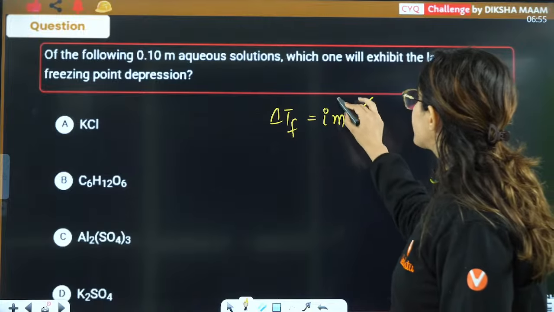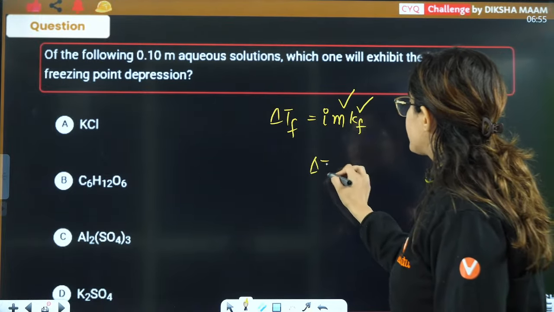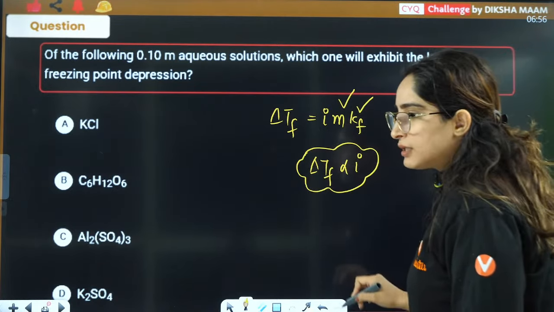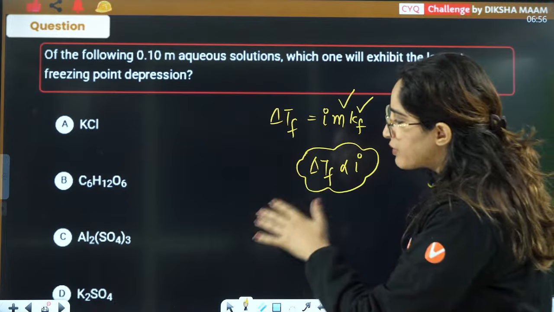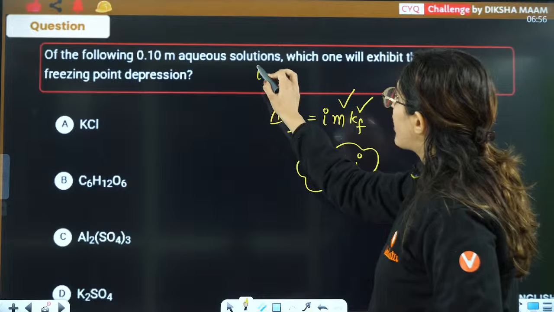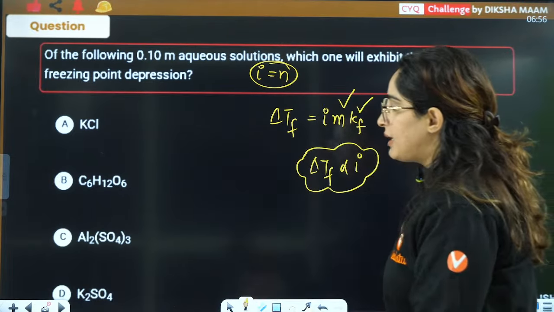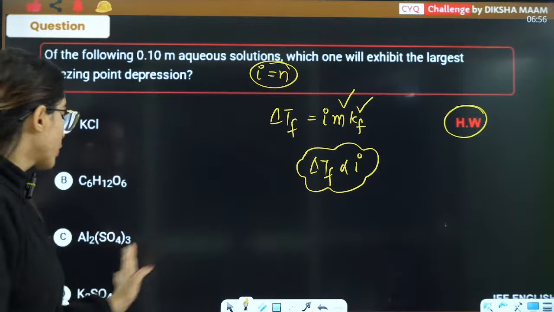So molality is also the same. That means delta Tf only depends upon the value of the van't Hoff factor. You just calculate the van't Hoff factor here. The van't Hoff factor is equal to the number of moles in which it is dissociated, and tell me which will be the correct answer. The answer should be written in the comment section over here.